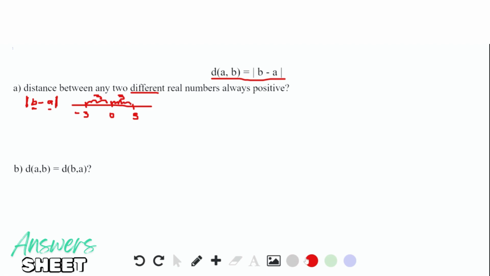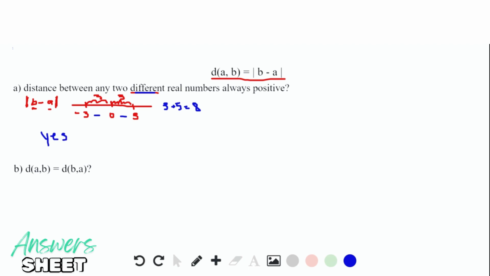So the left is the distance from -3 to 0, and the right is the distance from 0 to 5. So our two distances are 3 and 5, so we'll add these together, and we get 8. So when we find the absolute value of any two different real numbers, it's always going to be positive. So our answer to A is yes.